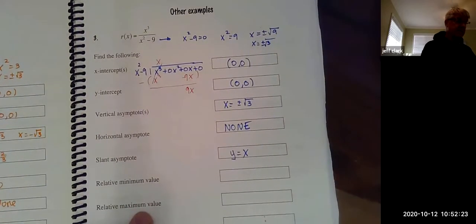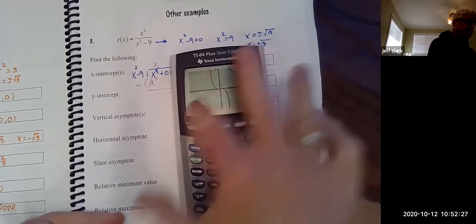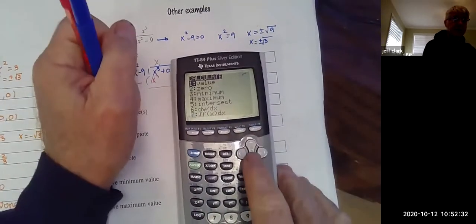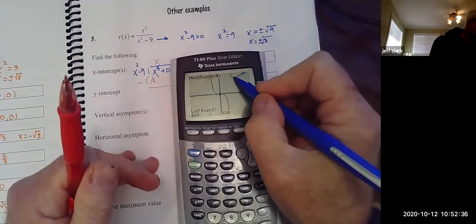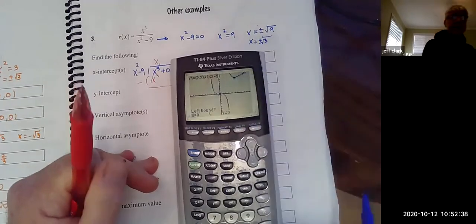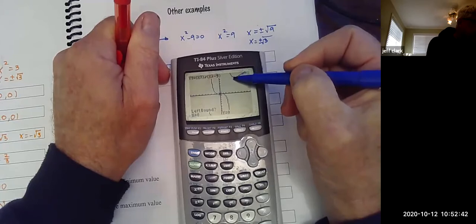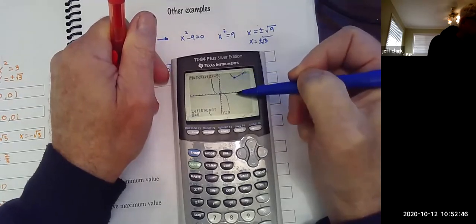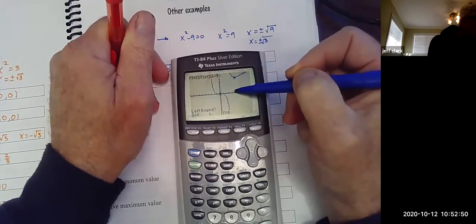Relative minimum, maximum. Yeah, it looked like there was, so I'm going to have to find those by using those key features in the calculator. Minimum, for instance. It looks like here's a minimum value. So I have to pick something to the left of that. Don't go too far over here. That looks like, right here at 4.